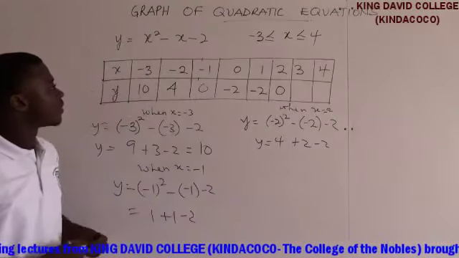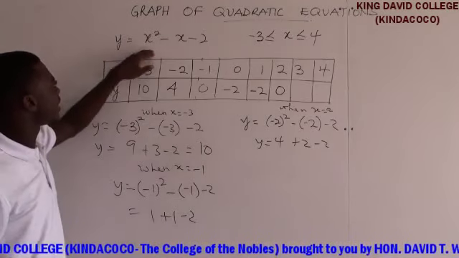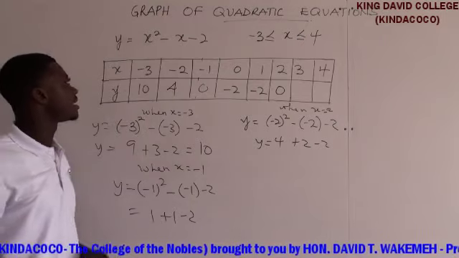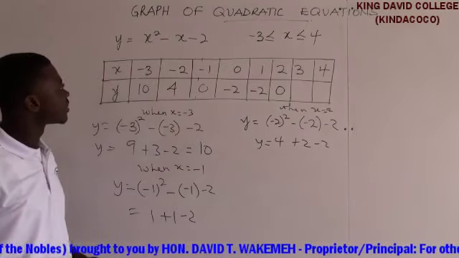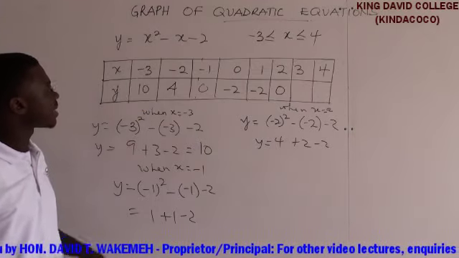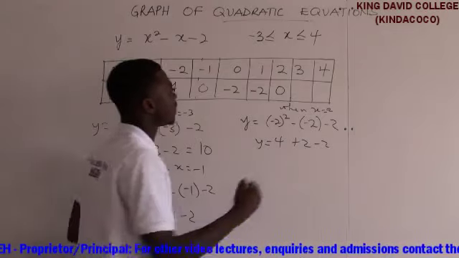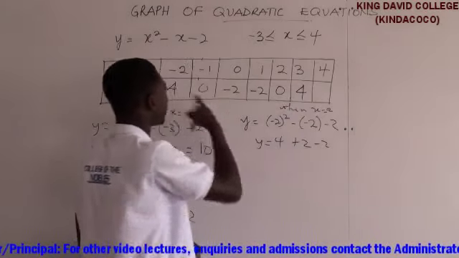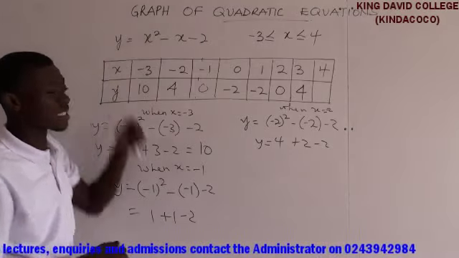And then when you continue and you put 3 in there, 3 squared is 9. 9 minus 3 is going to be 6. Okay, 9 minus 3 is 6. Then 6 minus 2 is going to be 4. So virtually repeating this side. Then finally you put 4 in there. 4 squared is 16.